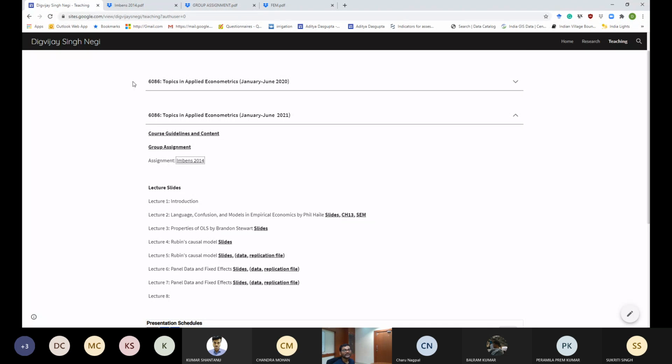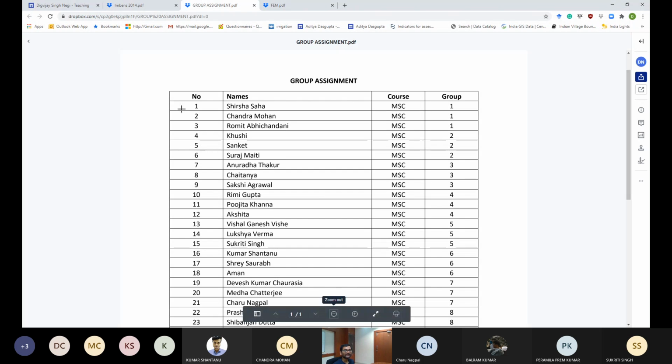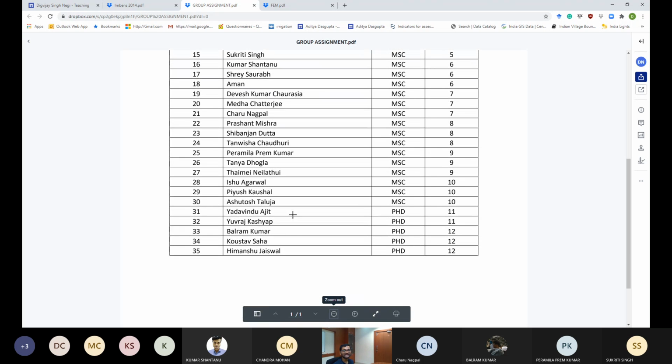Yes, sir. Okay, so you go on my webpage, you click on topics in applied econometrics 21 and you click on this group assignment and it will take you to this document. Basically each group has 3 members except for one group in PhD, because in PhD we have 5 people.